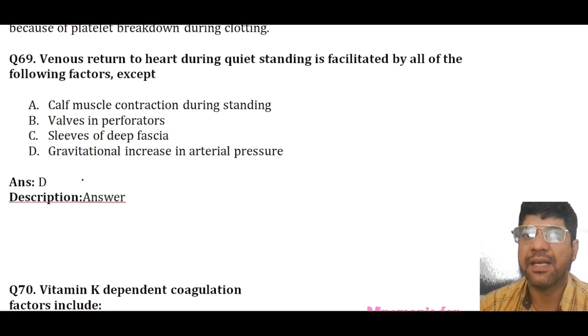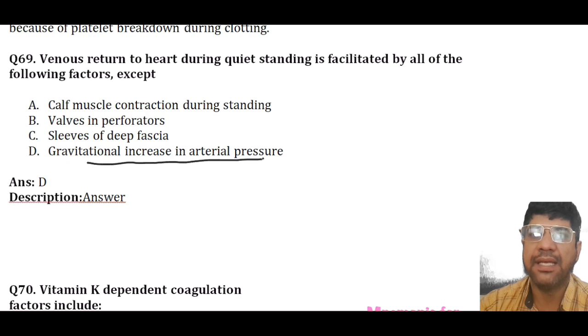In fact, the gravitational increase in arterial pressure can be considered a potential hindrance to the venous return.